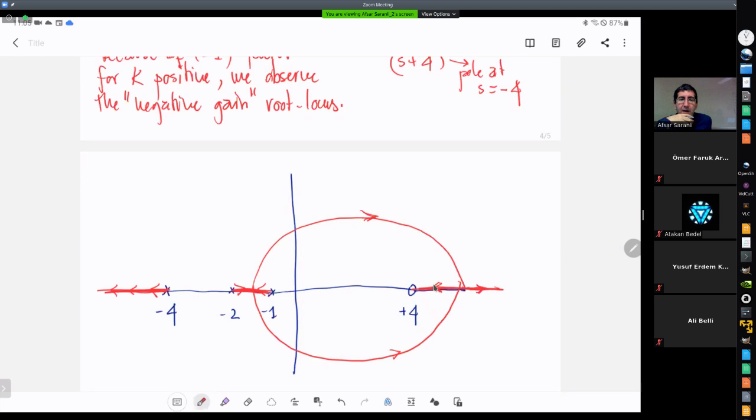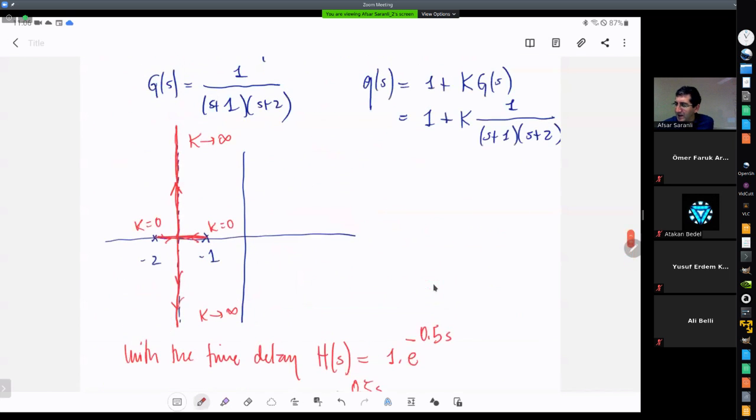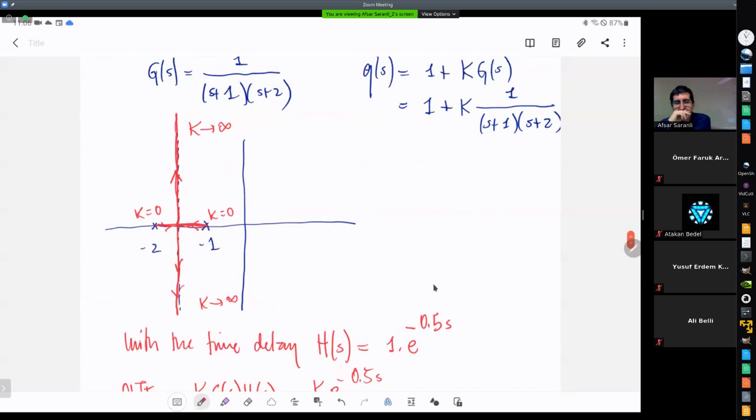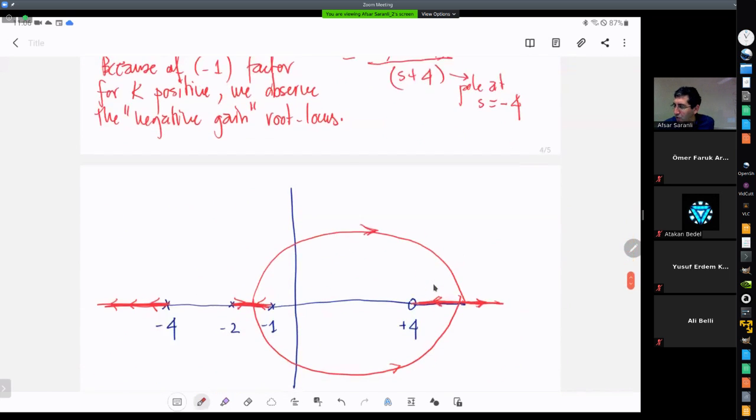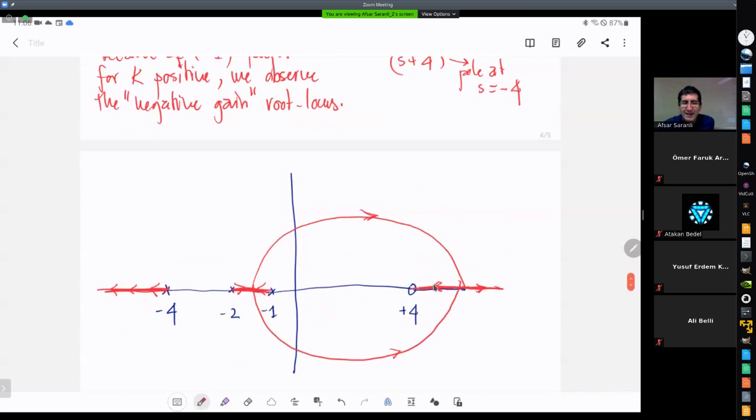We had a fully stable system with the closed loop poles being on the left hand side for all positive gains. But now, with the presence of this half a second communication delay, we end up with the closed loop poles having a much smaller stable range.